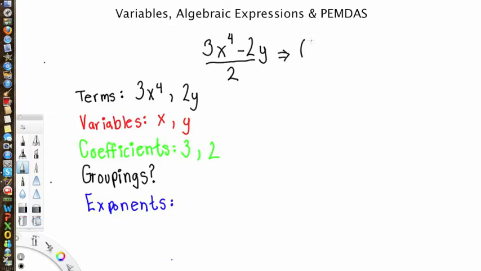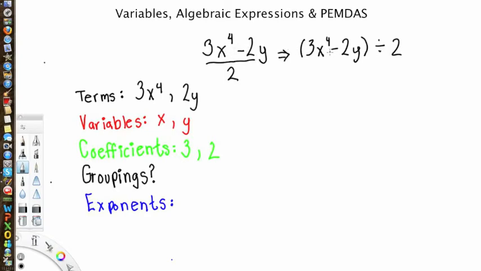It means the difference of 3x to the fourth power and 2y, divided by 2. See, we have to divide everything on top in this numerator here by 2.